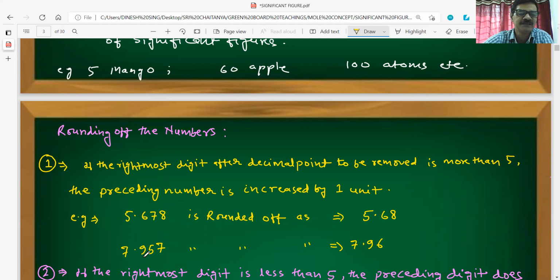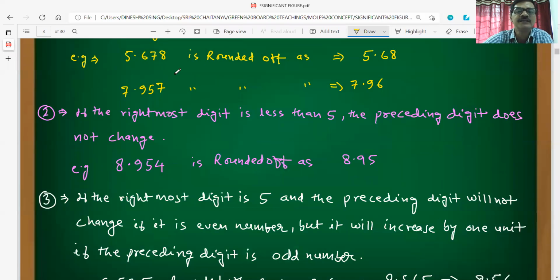Similarly, we can see here 7.957. The last digit is 7, the rightmost digit, and it is greater than 5. So after removal of this 7, the preceding digit 5 will be increased by 1 unit, so this will become 6. Now our answer will be 7.96.